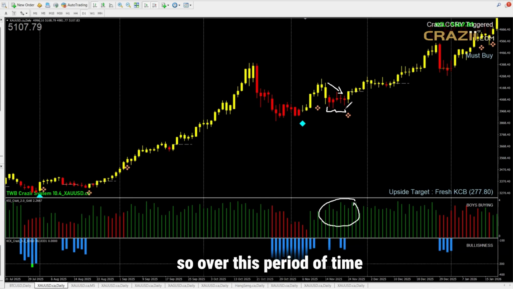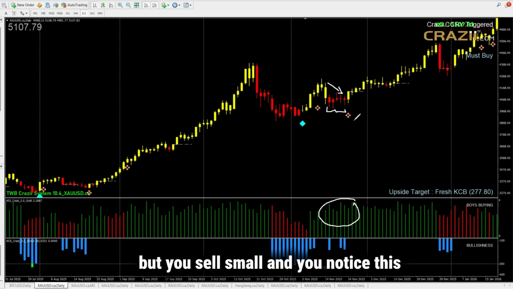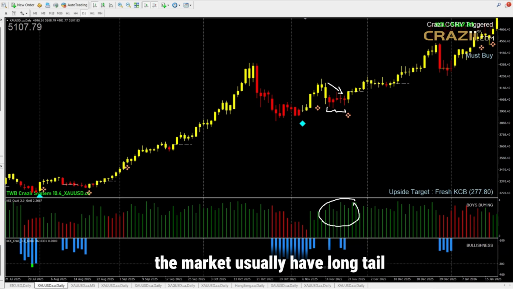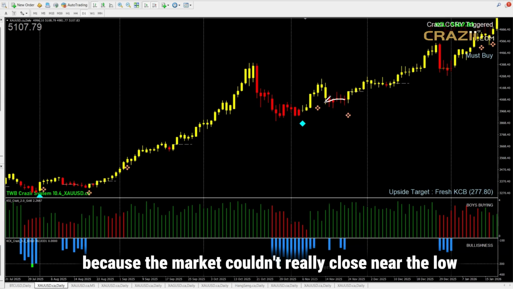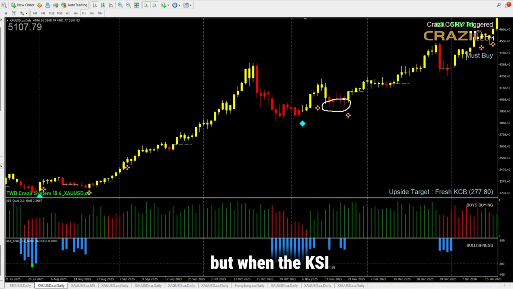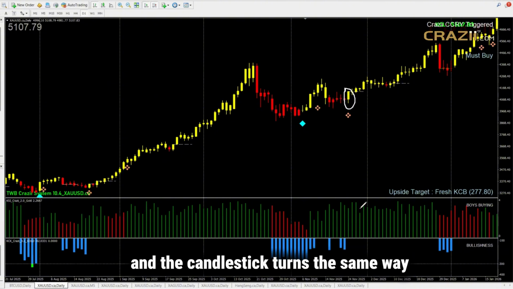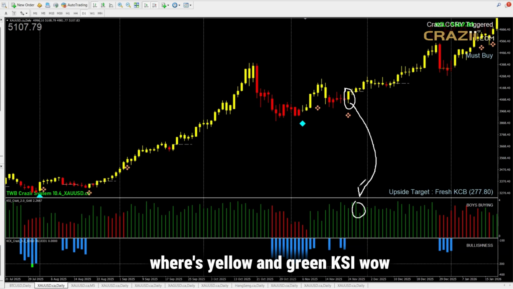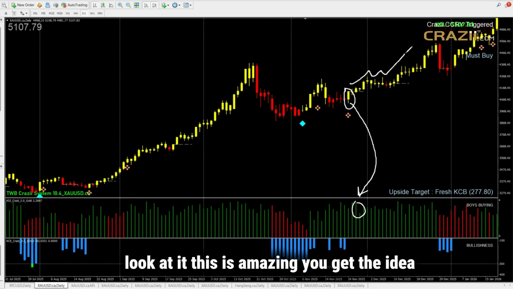So over this period of time, you can sell because it's a red candle, but you sell small. And you notice the market usually has long tails because the market couldn't really close near the low. But when the KSI and the candlestick turn the same way, yellow and green KSI, wow, look at it. This is amazing. Get the idea?